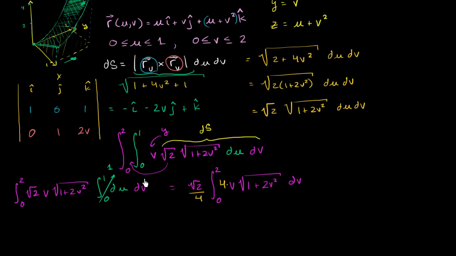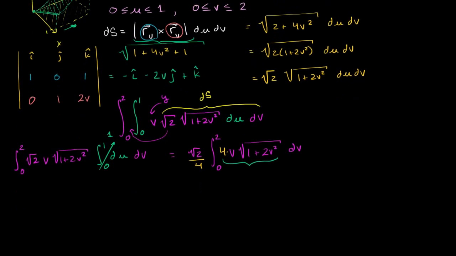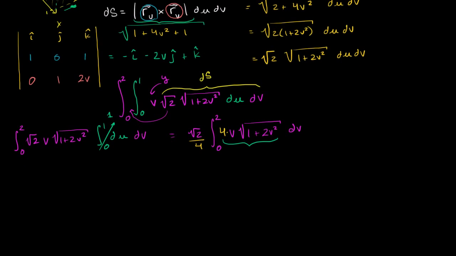And so now it's pretty straightforward to take the antiderivative. We have this embedded function's derivative right over here, so we can just treat it like an x or a v. Take the antiderivative with respect to this thing, and we get 1 plus 2v squared to the 1/2 power.